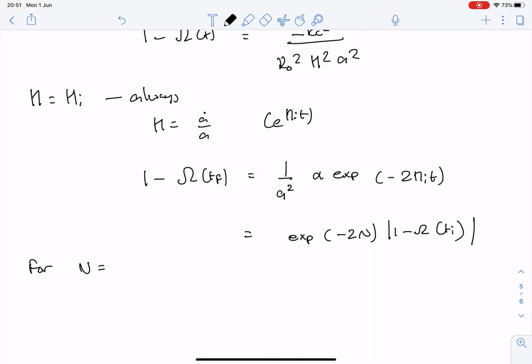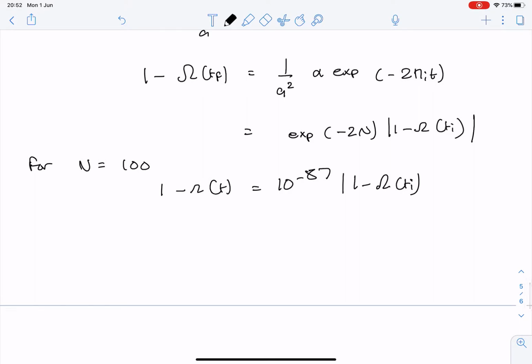So for N equals 100, 1 minus omega_F is equal to 10 to the minus 87 times 1 minus omega_I. So suddenly it's not so surprising that the universe looks flat, because if I'm anywhere within 87 orders of magnitude of being flat, then by the time I've gone through inflation, the universe will look flat. Therefore, it's not fine-tuned at all. If you have inflation, it's an inevitability, almost, of any universe that it will be flat.